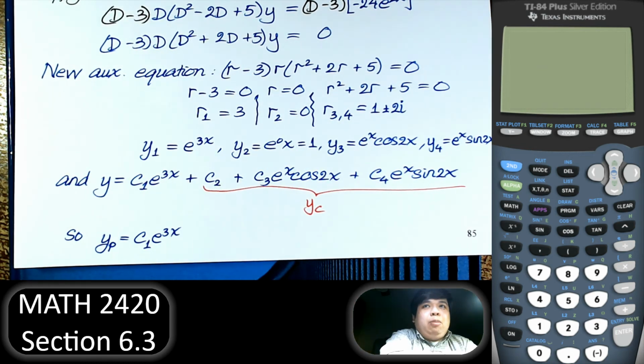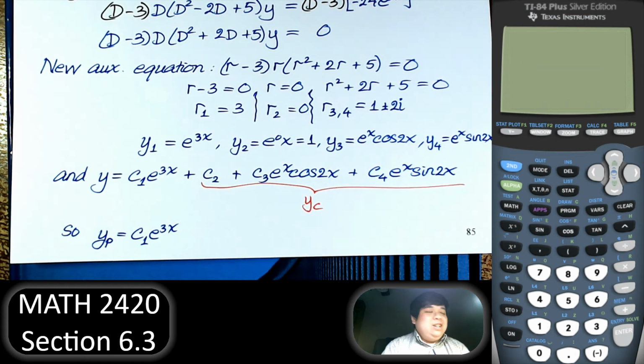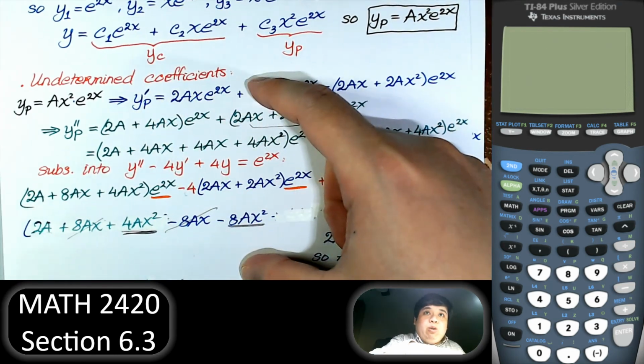Of course, if we have to guess, that would be a lot faster than doing all of this. But I said this is just another approach to solve the non-homogeneous equation, and it only works for the same functions that we guess. So this is nothing new here. We still use the undetermined coefficients, and we still have to solve for the coefficients.